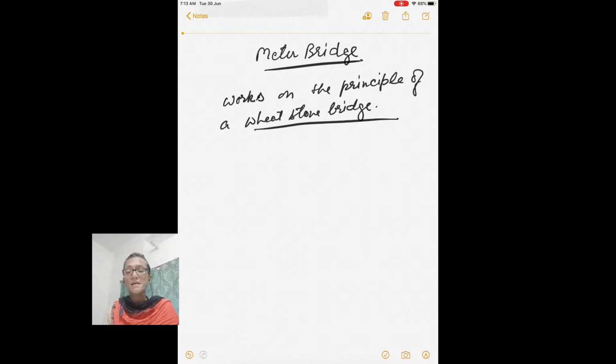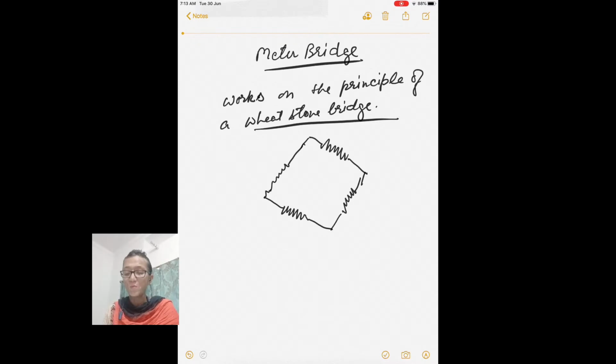A Wheatstone bridge is a combination of four resistors which makes a rectangle when they are connected with each other. Here we have a rectangular combination of the four resistors.